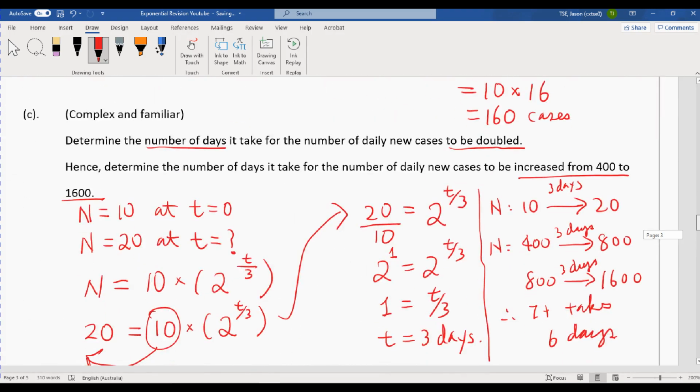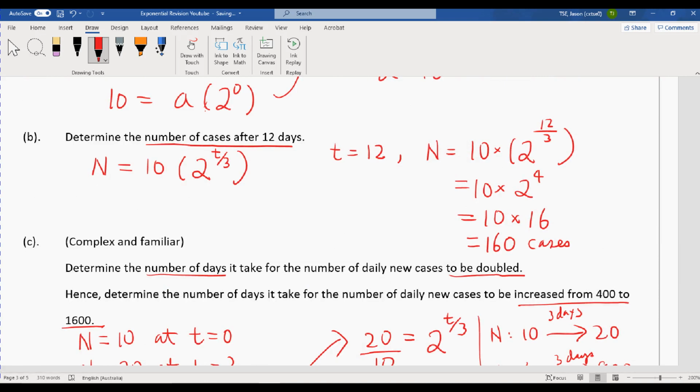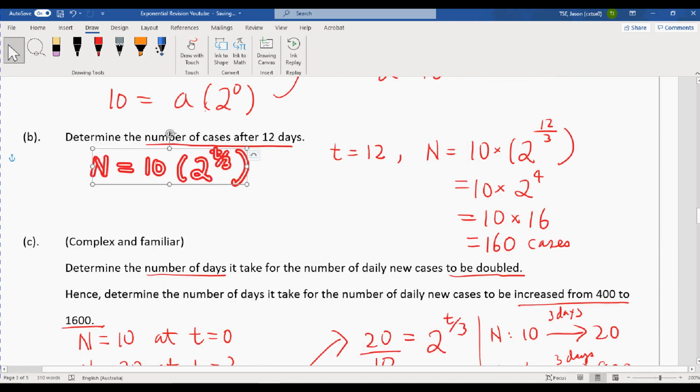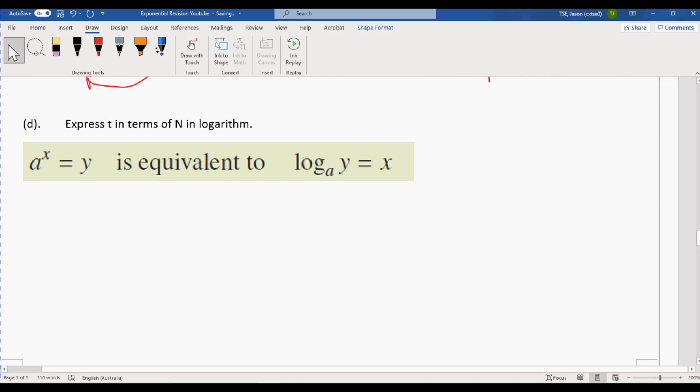Right now it's in exponential form. Can we get it into logarithm form?